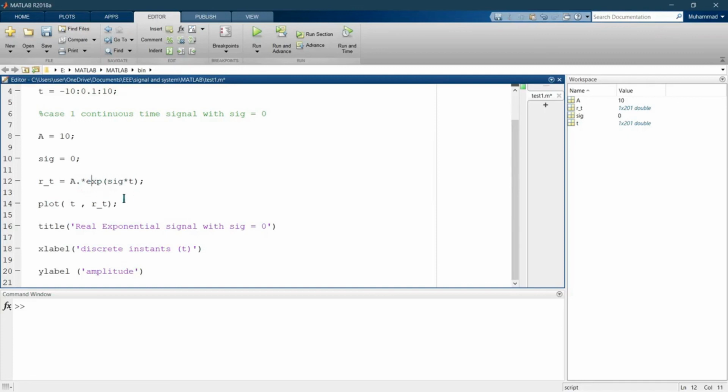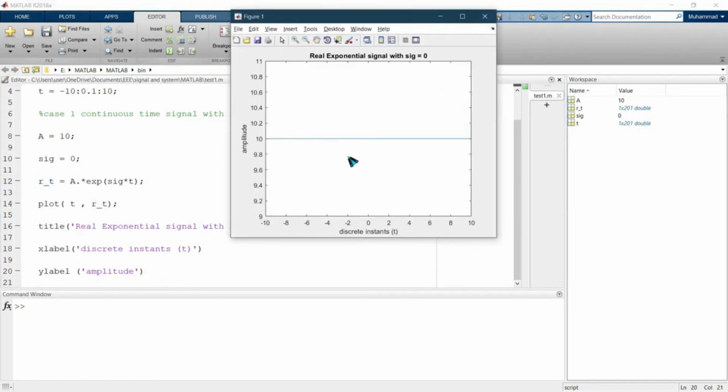Whatever is inside the brackets comes as e raised to that. So the x-axis is t from -10 to 10, and the y values will be r of t. I have given some title, x label and y label. Now let's see how our graph looks. As expected, it is a graph parallel to the x-axis and the amplitude is 10, which I have given.